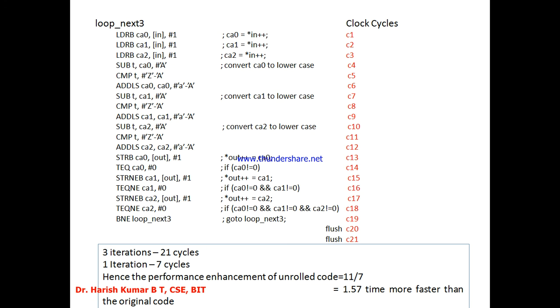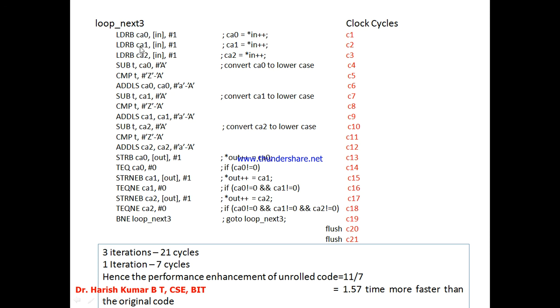Now I'm computing the clock cycles here. See, load C1, and again a second load, LDRB. Stalls are not required between these two, because this is not dependent on this. If this were dependent on this, a 2-cycle stall would be a must here. Loading the next character into CA1 is not dependent on this. How do you say this is not dependent?